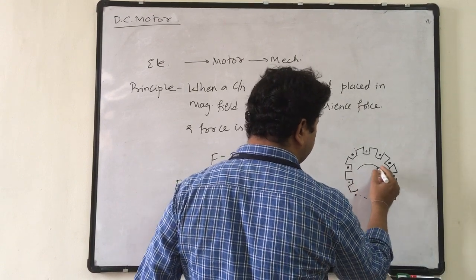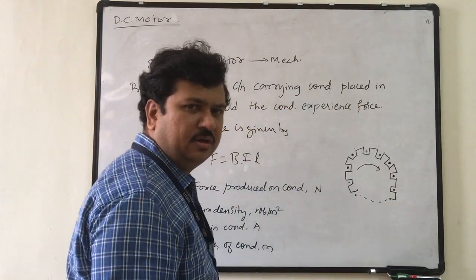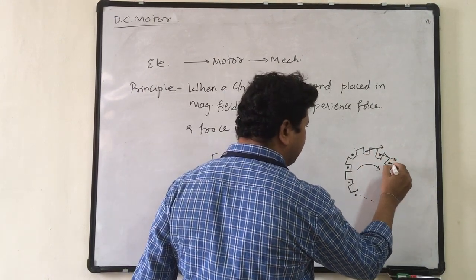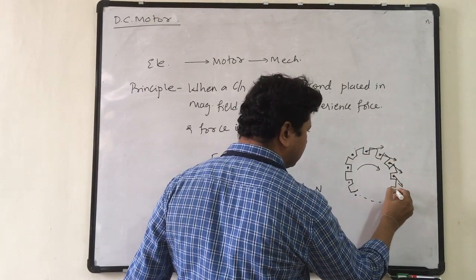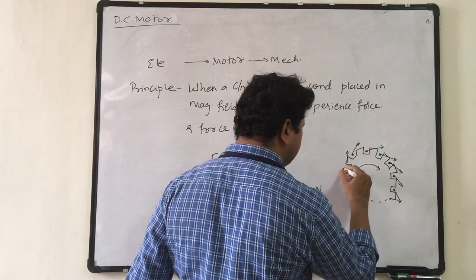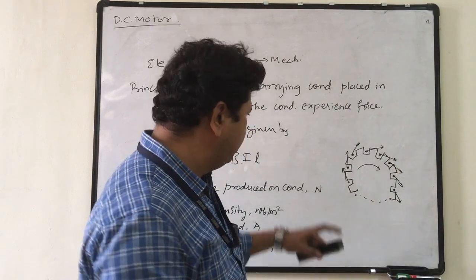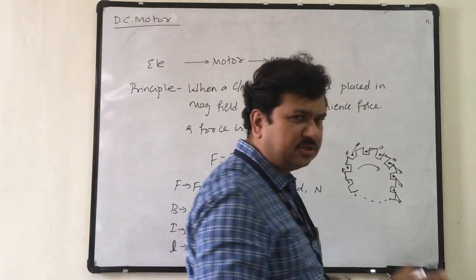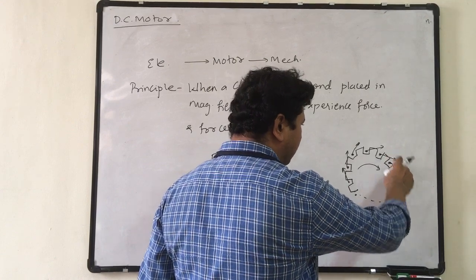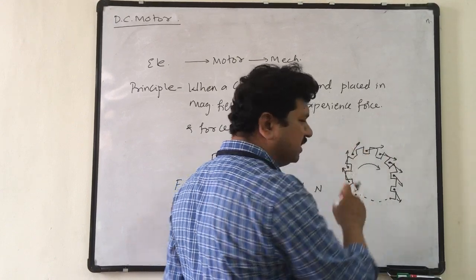Now if the armature has to rotate in clockwise direction, each conductor has to experience the force in the same direction. If these two conductors experience force in opposite direction, so suppose this is experiencing downwards, it has to experience upwards.